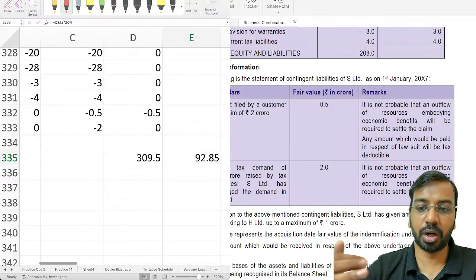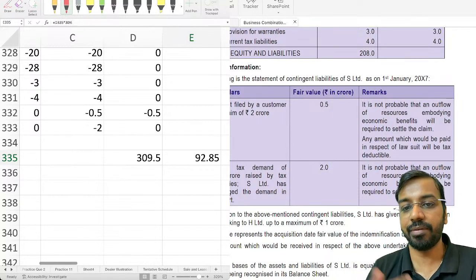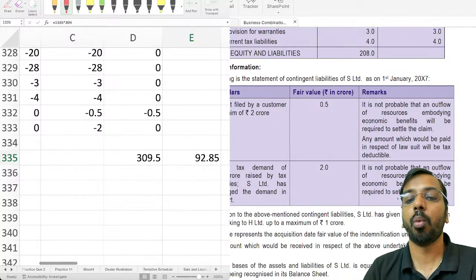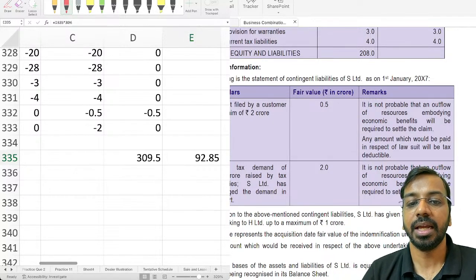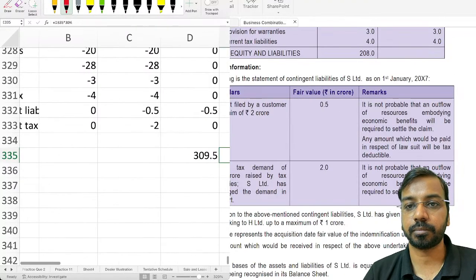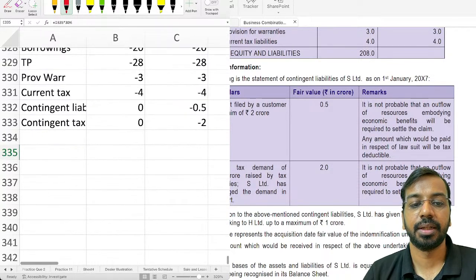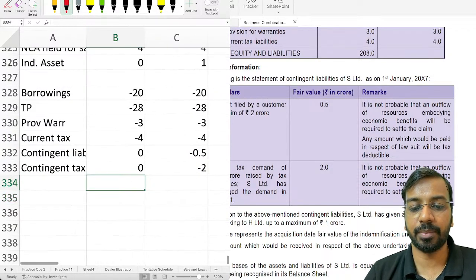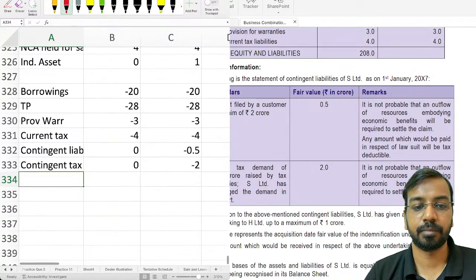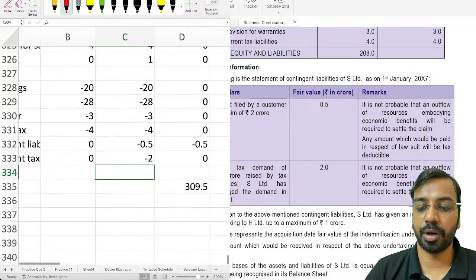If you have not yet covered IAS 12, it may be slightly difficult for you to understand this, but when we cover IAS 12, you'll be able to understand why it is a deferred tax liability. Now this deferred tax liability that we have calculated, which is 92.85, will also form part of our liabilities.